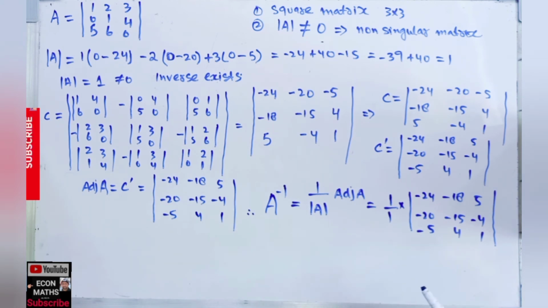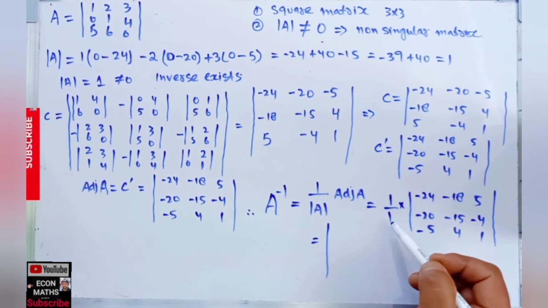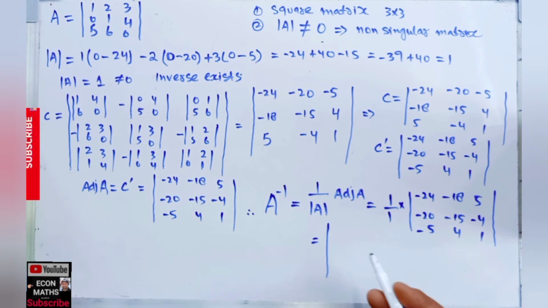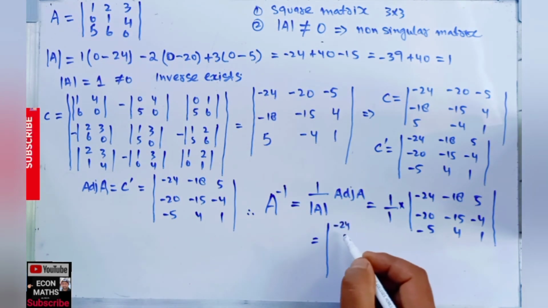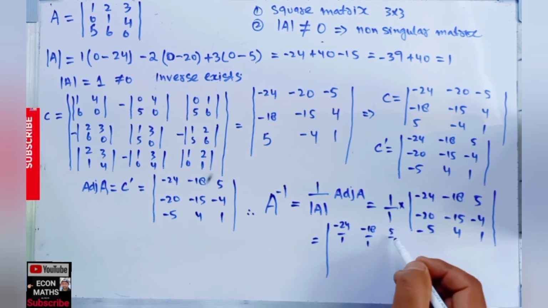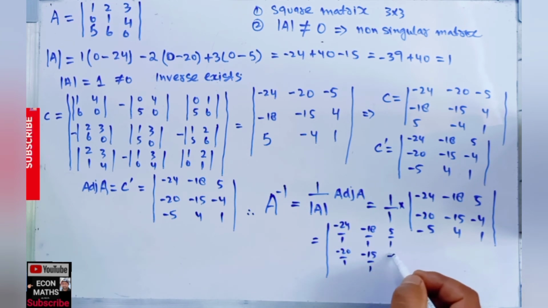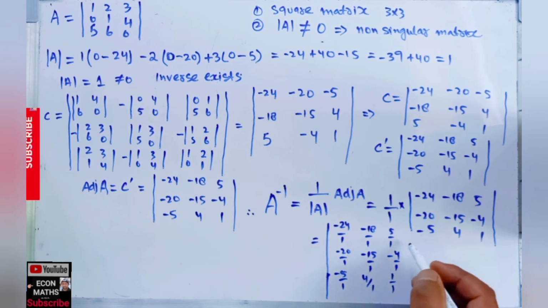So this will become, now dividing each element by the determinant. Here the determinant is 1, so this will become minus 24 divided by 1, minus 18 divided by 1, 5 divided by 1. Similarly, minus 20 divided by 1, minus 15 divided by 1, minus 4 divided by 1. Similarly, we have minus 5 divided by 1, 4 divided by 1, and 1 divided by 1.